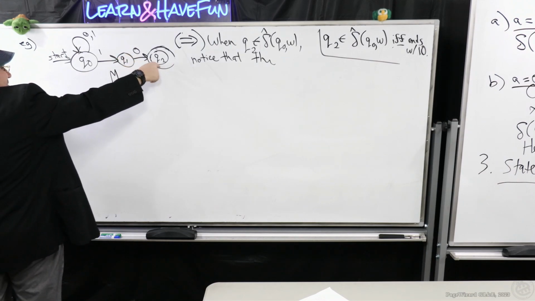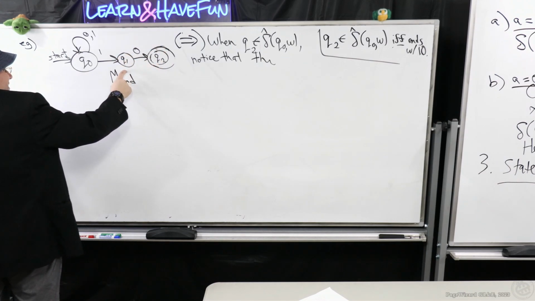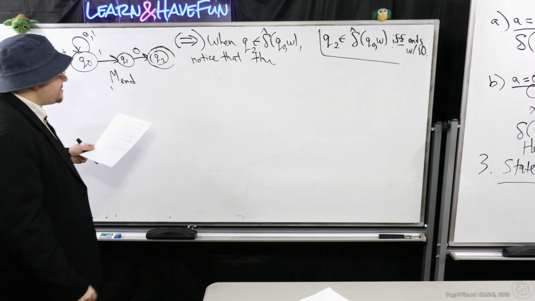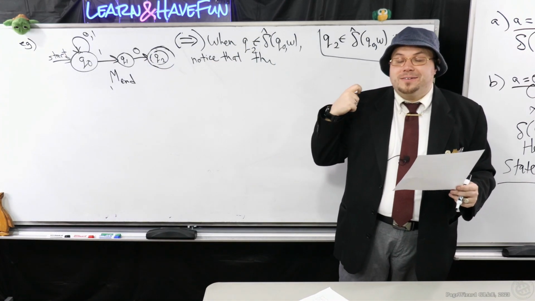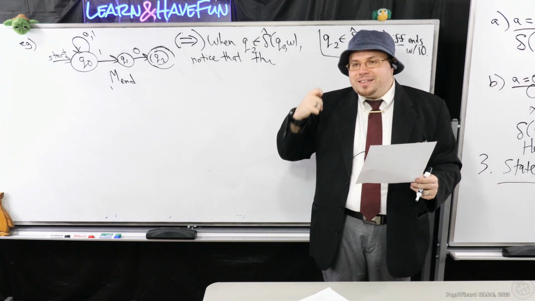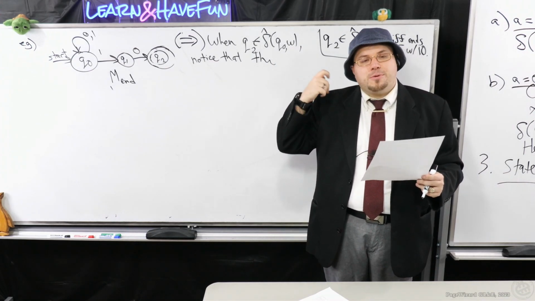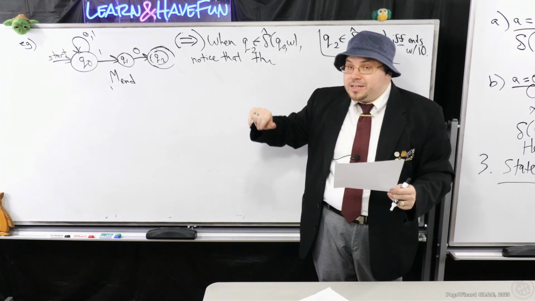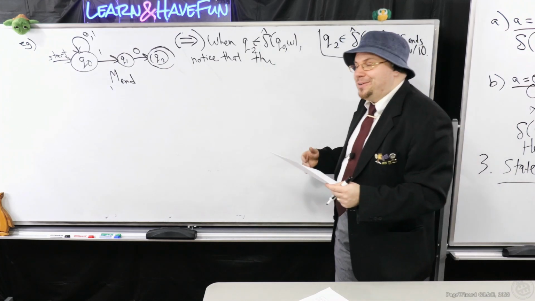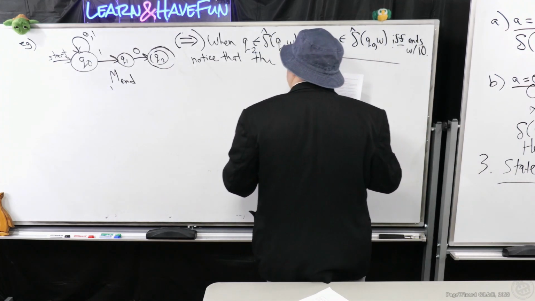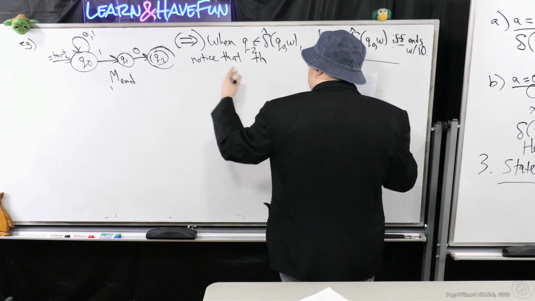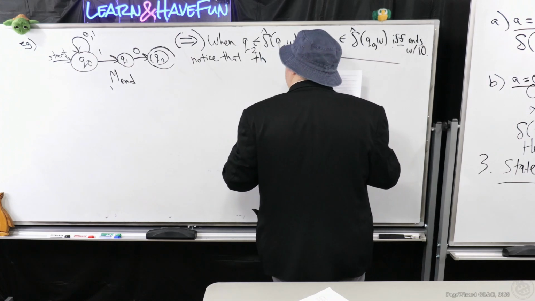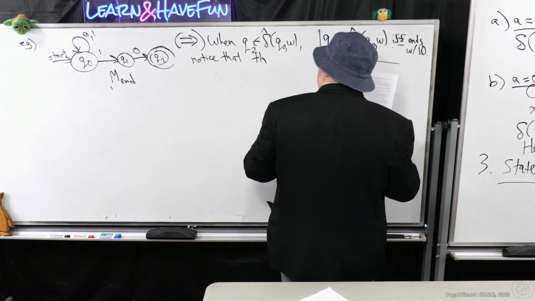Well, look, there's no loops or anything here. It had to come from Q1, so upon reading X, the active set of states at that time had to have included Q1. That's the only way I could have gotten to Q2. Like I said, we're trying to reverse engineer where we came from.